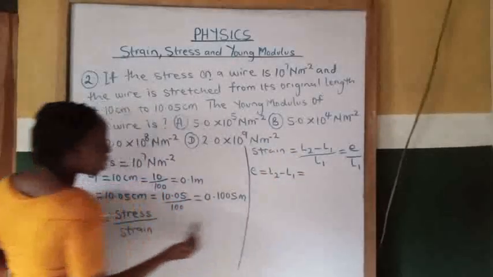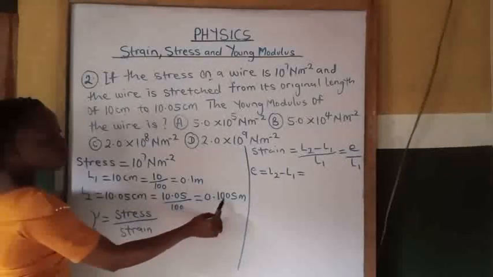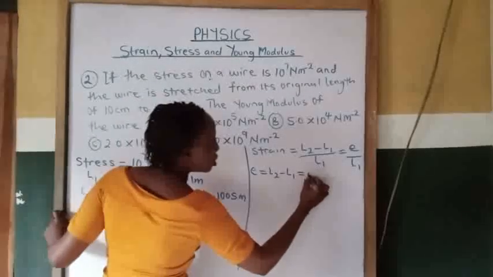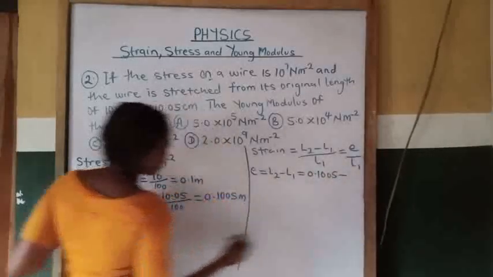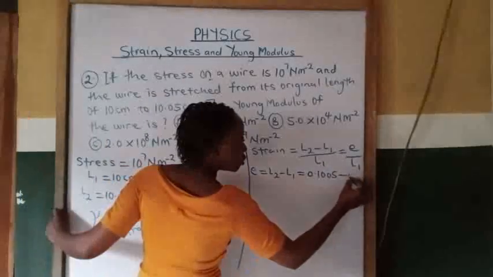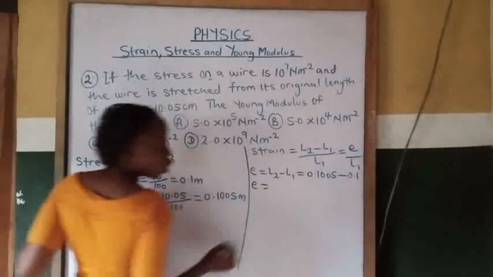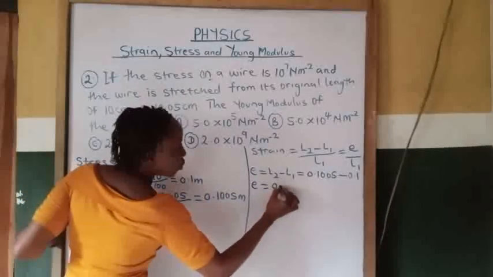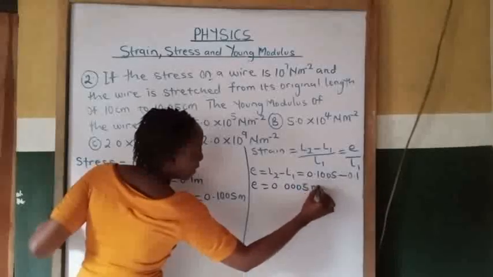What is our L2? L2 is 0.1005 minus L1, which is 0.1. So extension will be equal to 0.0005 meter.